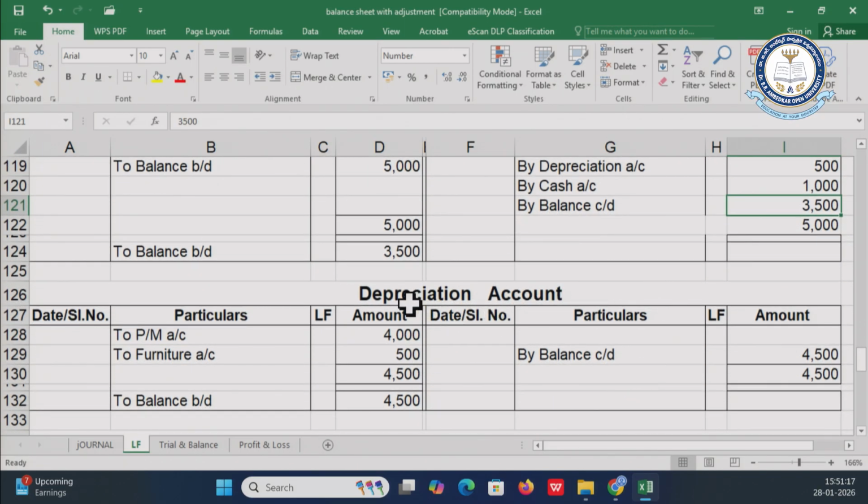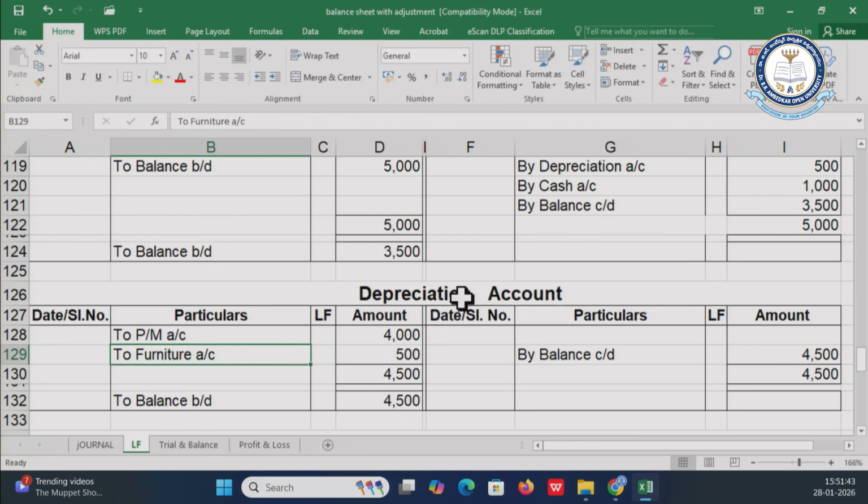Then comes the depreciation account. How many assets are there? There are 2 assets, plant and machinery and furniture. Only on these depreciation is calculated, not on the debentures. There is no depreciation calculated on debentures, as debentures is a liability, and Wipro shares are also assets, but we don't calculate depreciation on that.